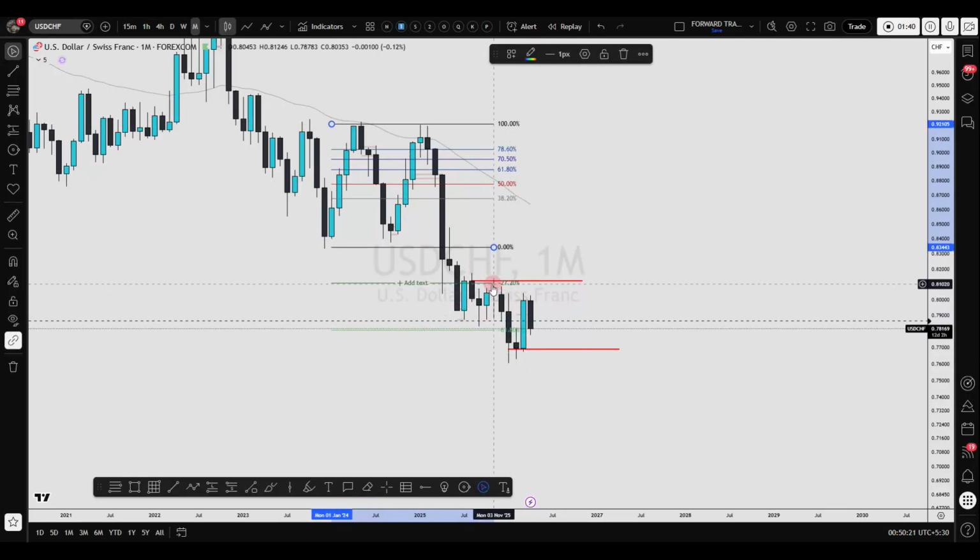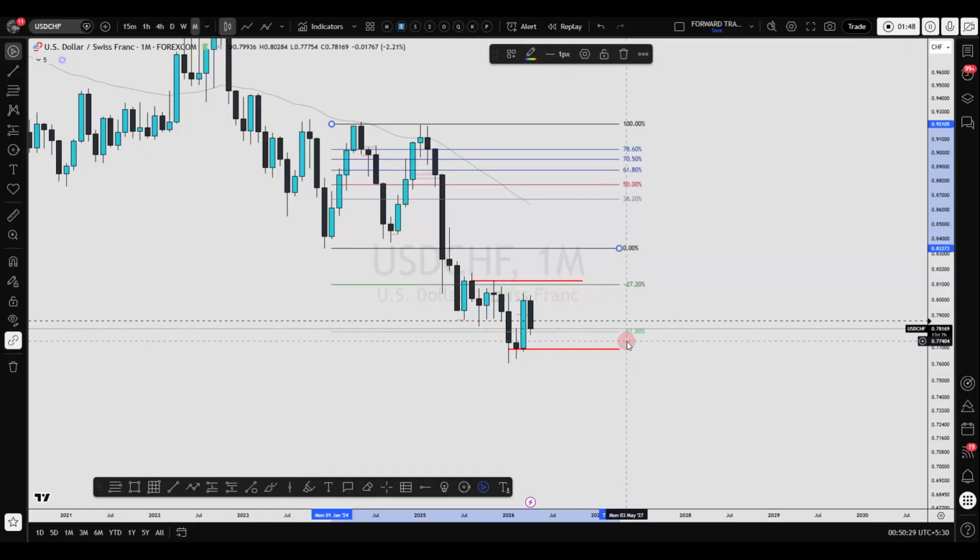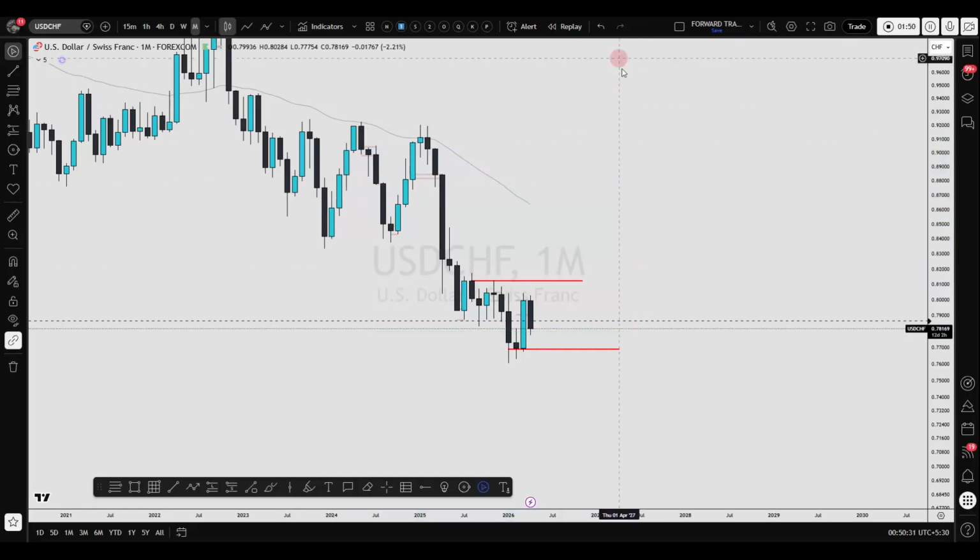We are below negative 27.2, and also below the extension of negative 61.8. So it's possible that we're going to see some corrective phase upside too, which is making the probability of price clearing this high a little higher.